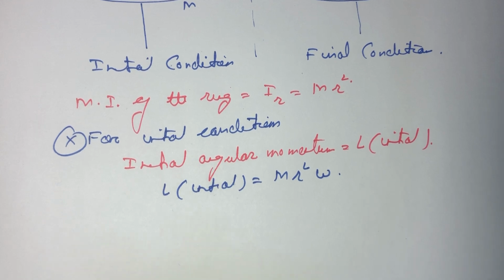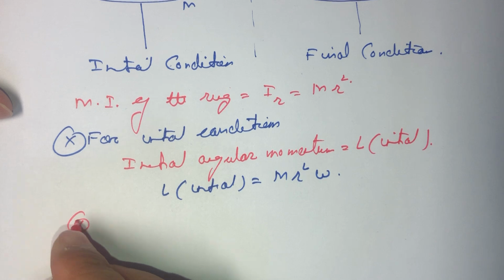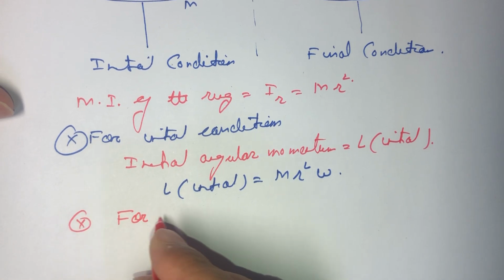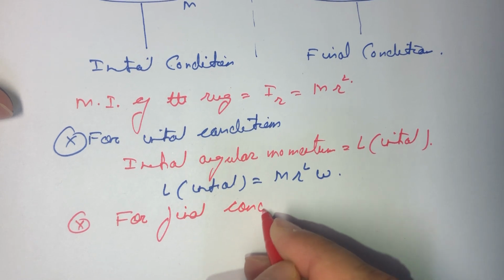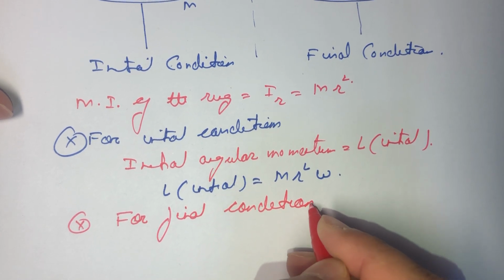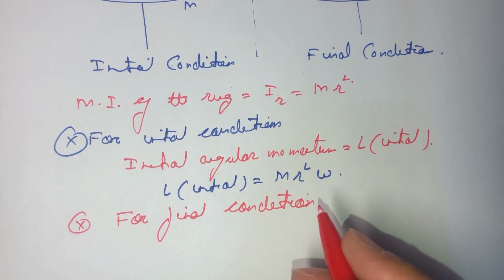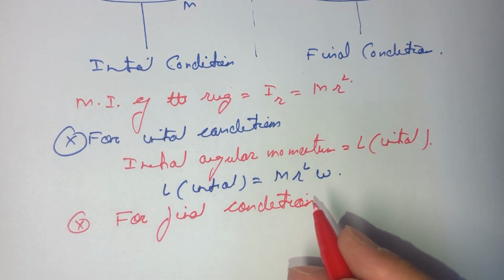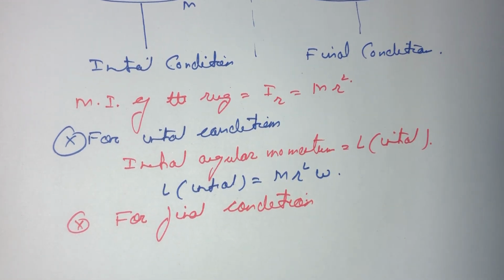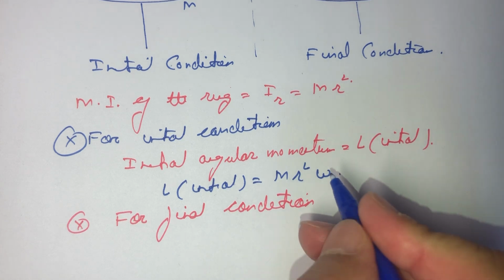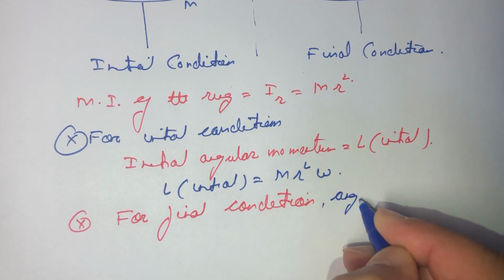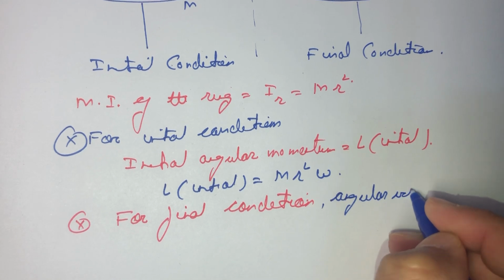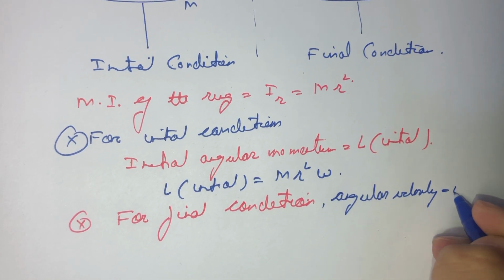And now we come to the second part, the final condition. For the final condition, the angular velocity is equal to omega prime.